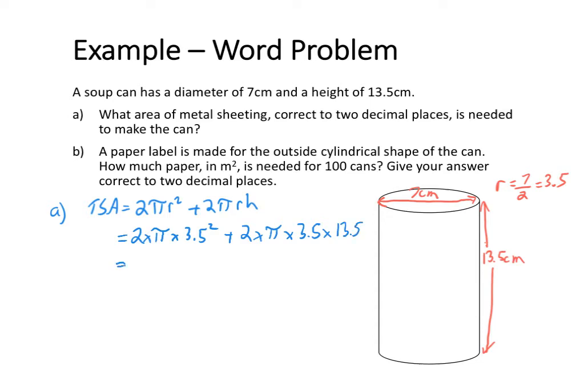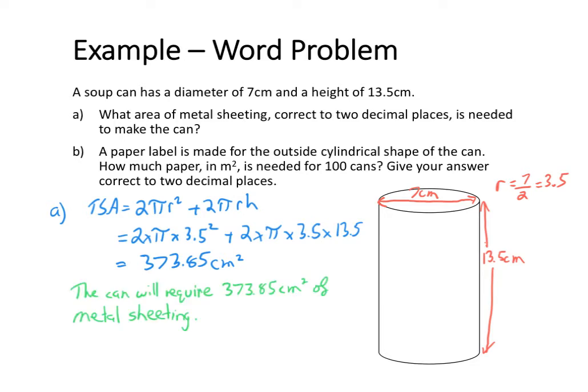And using a calculator, I can work out that the total surface area of that can is going to be 373.85 centimeters squared. Because the question is in words, I should provide my answer in words. So the can will require 373.85 centimeters squared of metal sheeting. And that is my answer for part A.